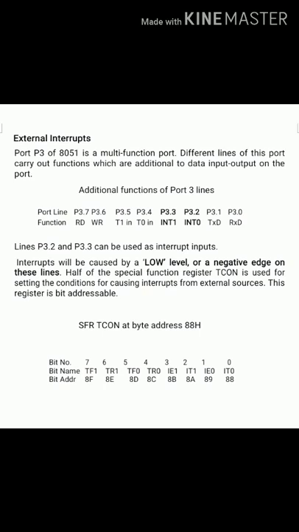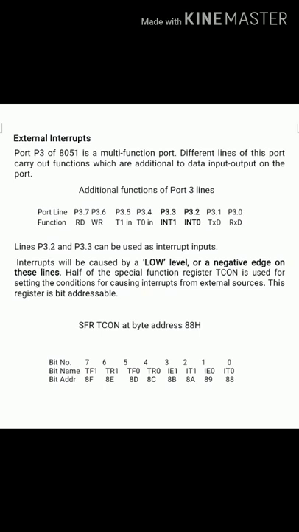Port 3 is one of the IO ports in which input output of data can take place between the microcontroller and any external device. If any external device wants to communicate with the microcontroller, it has to communicate through the ports, right? So port 3 is basically used for IO communication between the external device and the microcontroller.